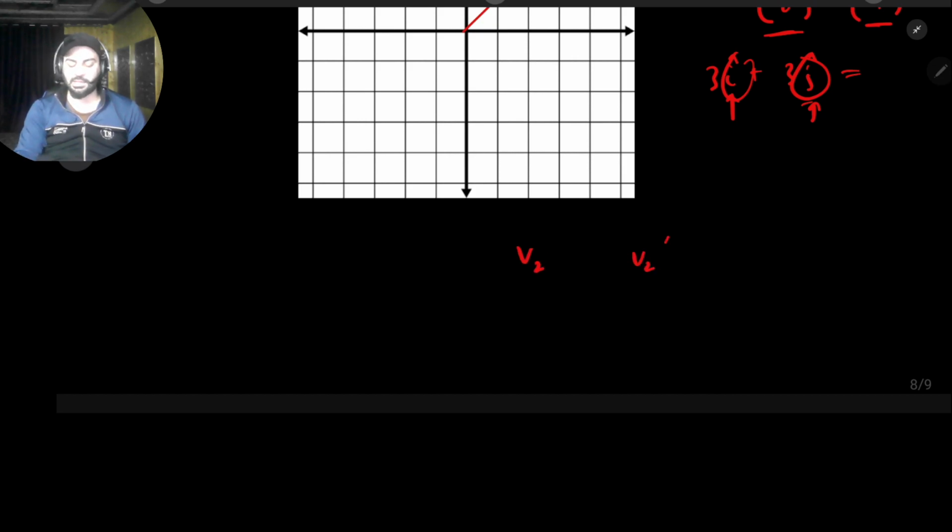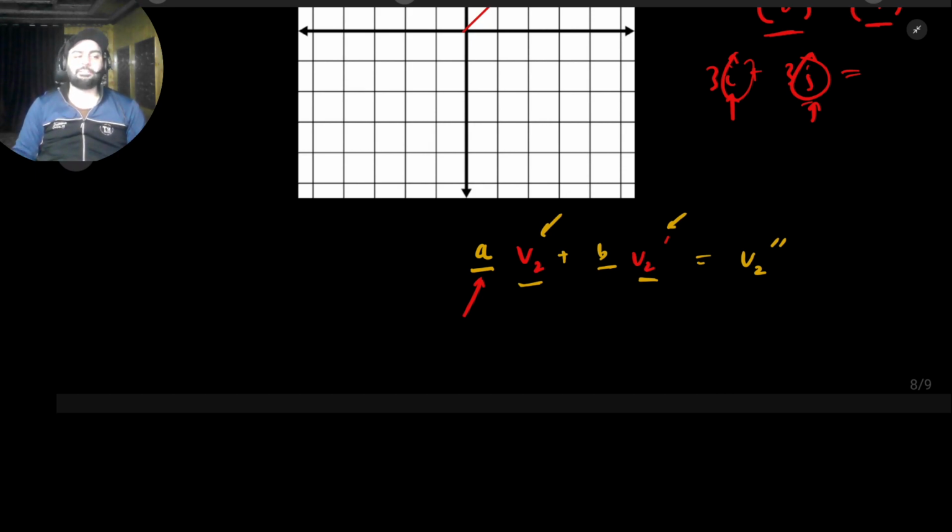If I put variables a and b, I'll get to some vector, let's suppose v2 double dash. Why am I calling it linear combination? Because the equations are linear and I'm adding some constants and combining these things together.